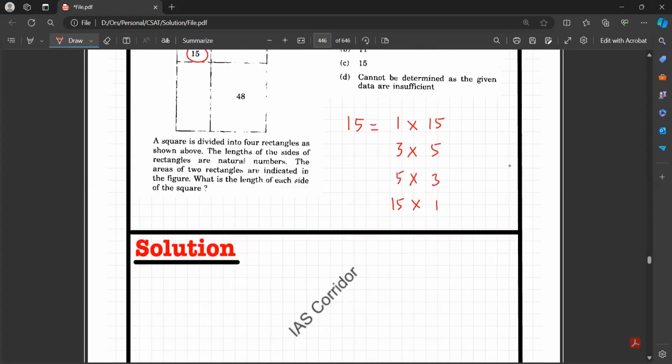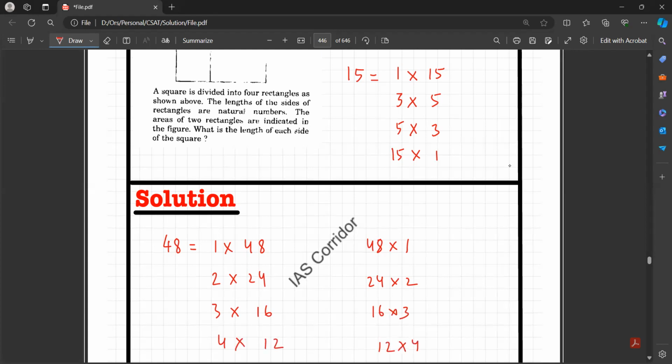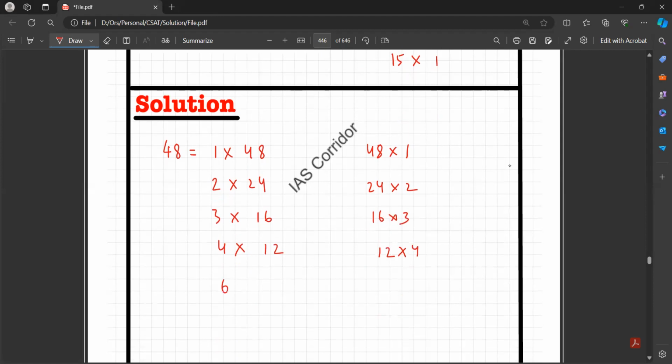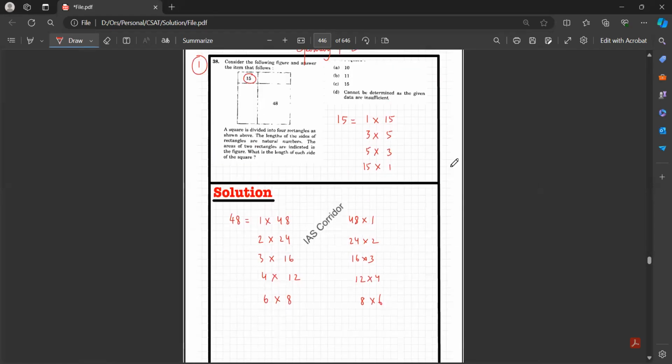Similarly, if the other one is 48, I can write it as 1 into 48 or 48 into 1, 2 into 24, 24 into 2, 3 into 16, 16 into 3, 4 into 12, 12 into 4. Got it? Similarly, 6 into 8, 8 into 6. These are all the possible combinations.